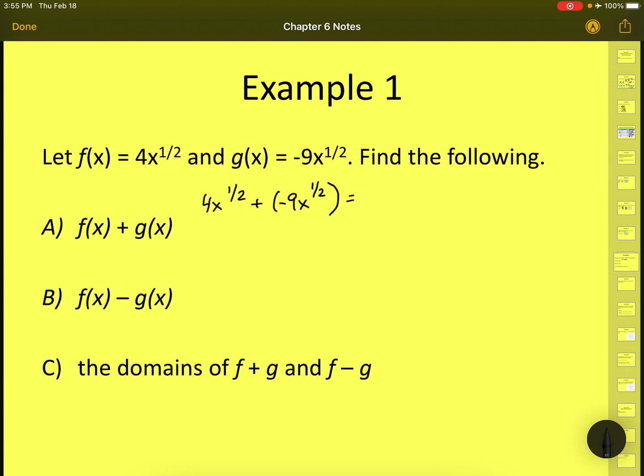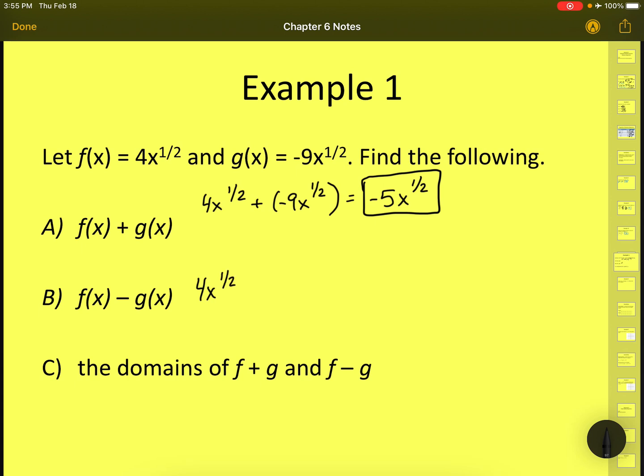So these are like terms that both have a variable with the same exponent, so I'm not going to do anything to the exponent. I'm just going to carry it over, but I'm going to add the coefficients. So 4 and negative 9 make negative 5x, and we're keeping the exponent the same. So it's going to be negative 5x to the 1/2. Now if I subtract them, I'm doing the same thing.